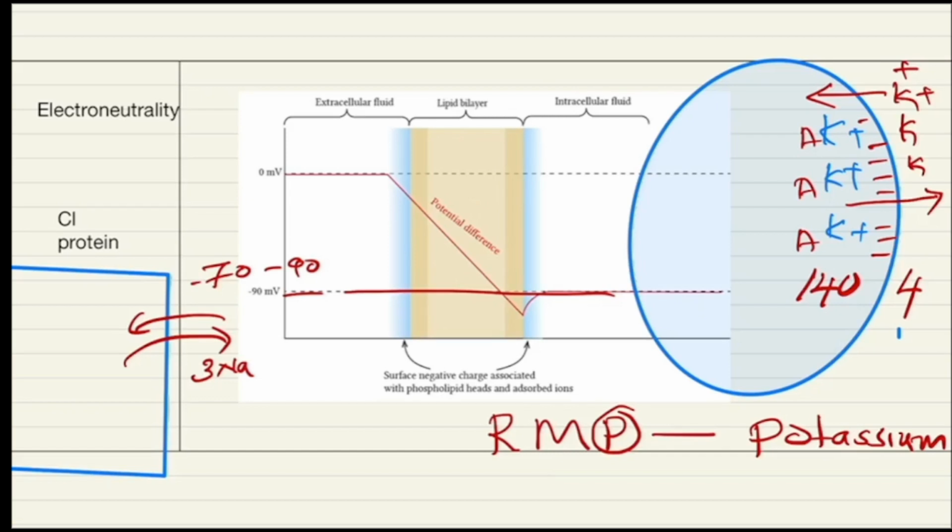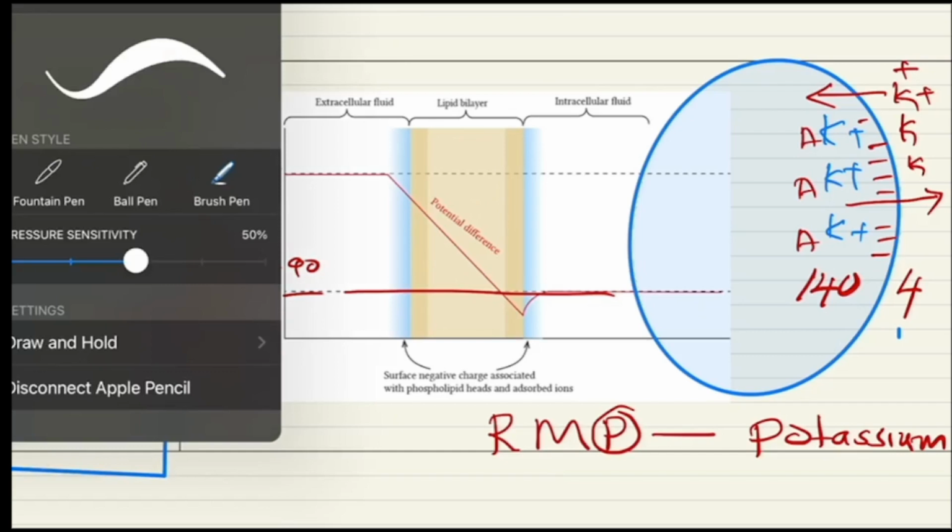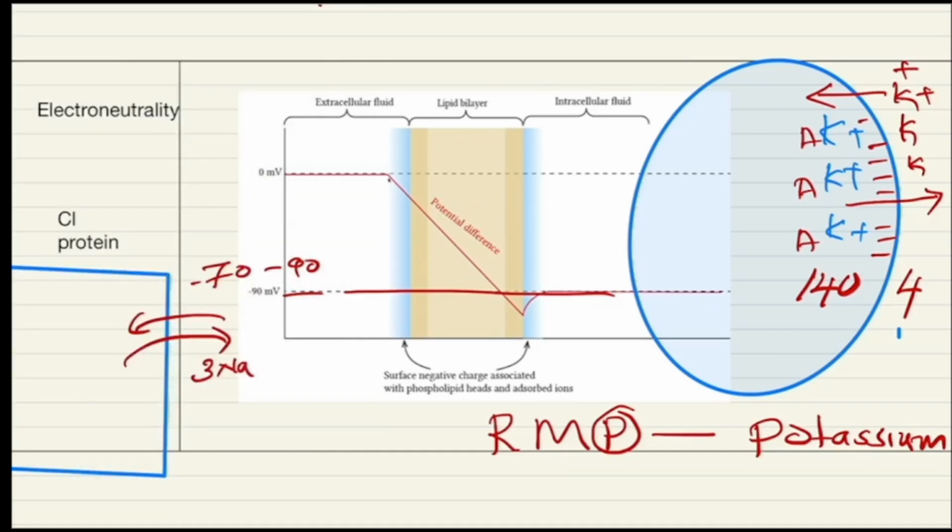A minor change, approximately 5% of the total negativity, is contributed by this sodium potassium pump. The majority is due to the leaky potassium channels. The leaky potassium channels make the membrane potential approximately minus 90.